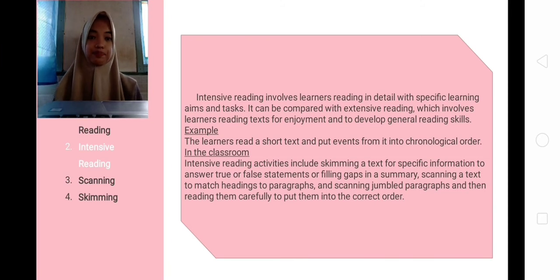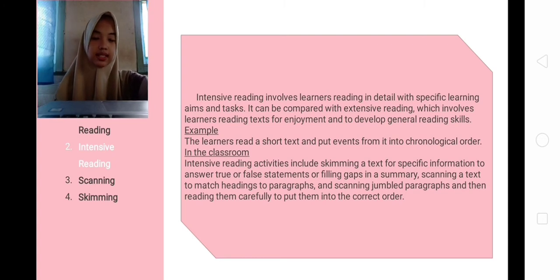In the classroom, intensive reading activities include skimming a text for specific information to answer true or false statements, or filling gaps in a summary, scanning a text to match headings to paragraphs, and scanning jumbled paragraphs and then reading them carefully to put them into the correct order. So that's all for intensive reading.